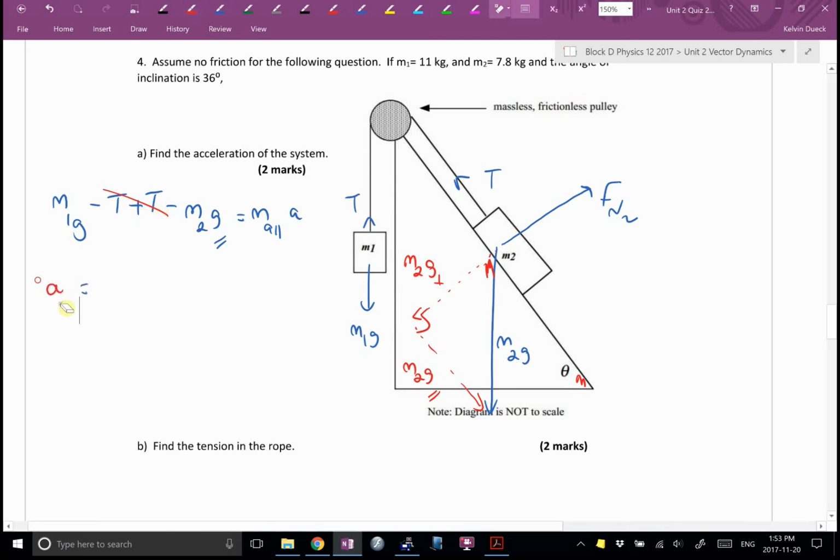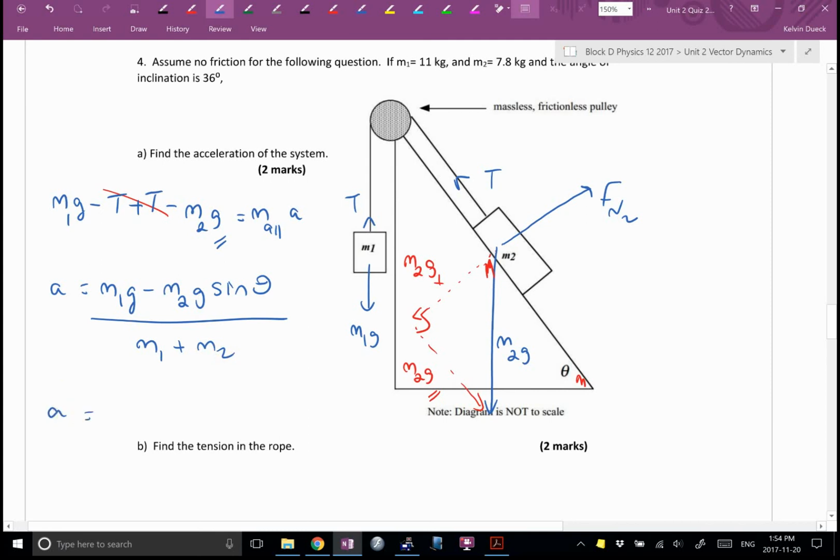A is going to be M1G, no component there, because that's nice and vertical in line with everything, minus M2G sine theta, all over M1 plus M2.